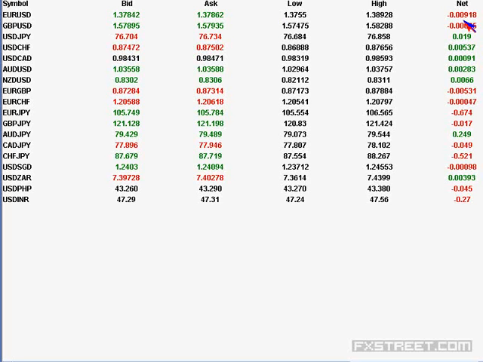So this net change indicates the move from yesterday's US session close, and you find that from there it has already dropped about 88 pips. So less than 75 pips net change can bring in a reversal in the market, but more than 75 pips, they are unlikely to reverse the market intraday.